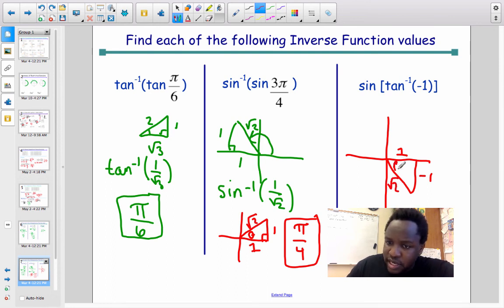So then what is this theta? Because this is asking what is the angle when tangent is negative 1, the angle would be negative pi over 4. So we have sine of negative pi over 4.